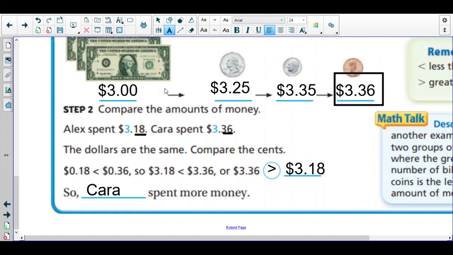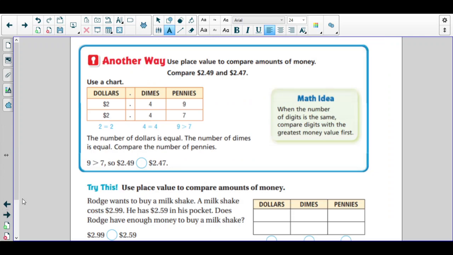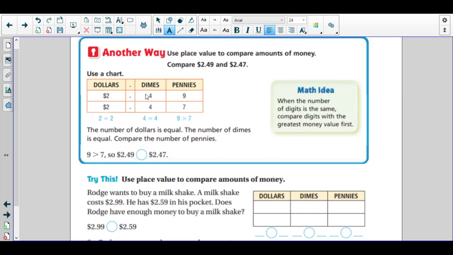Okay, let's go on to another example here. Another way is to use place value to compare the amounts of money. So we're going to compare $2.49 and $2.47. Right, so if we were to put the amount of money in here, looking at quarters, dimes, pennies, what we're really doing here is using a place value chart.